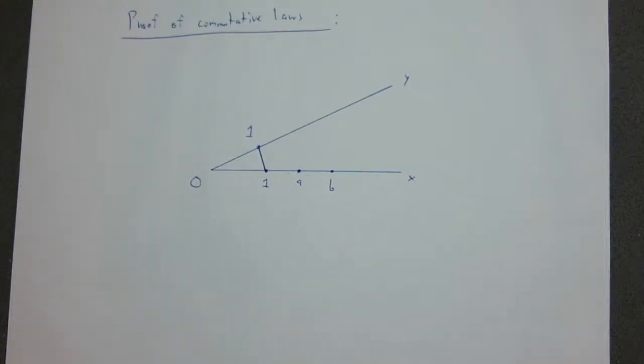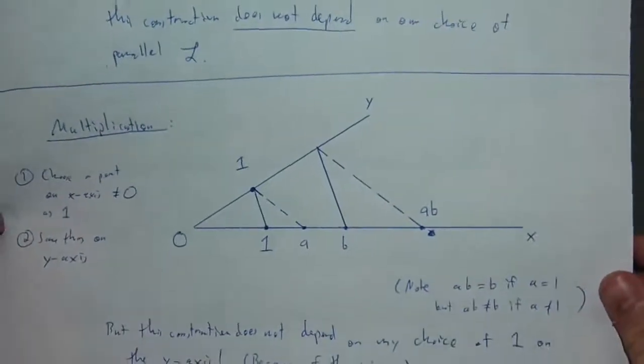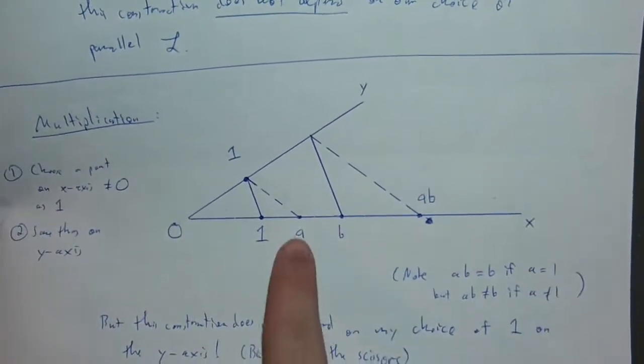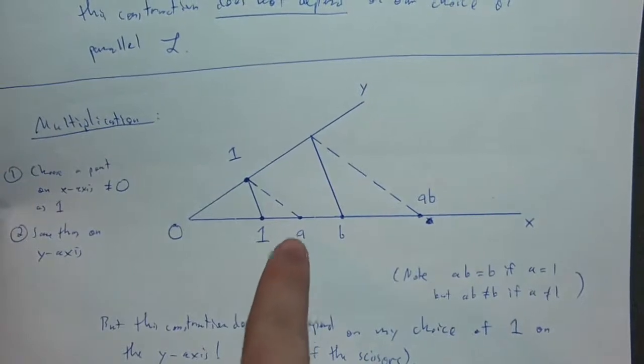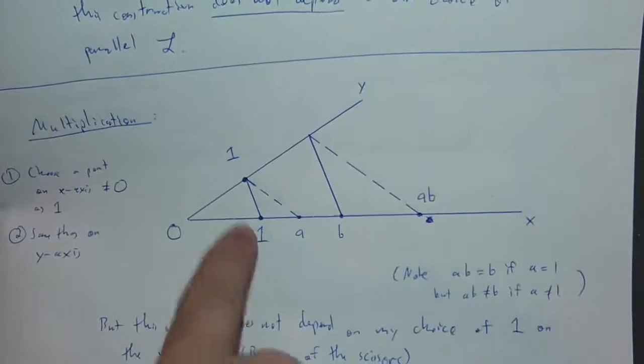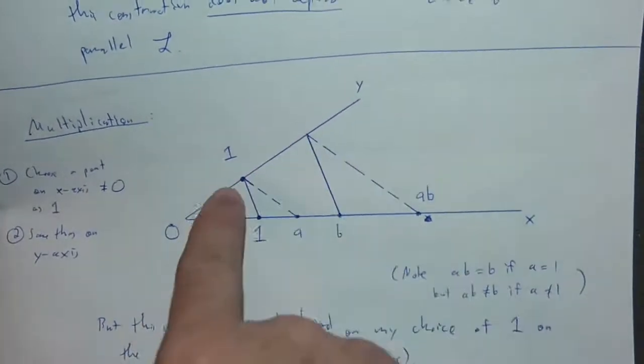Well, let's recall how A times B was constructed. I think I have that slide from last time. Here we go. Okay. So, how was A times B constructed? I have A and B here. I drew a dashed line from A to the 1 on the y-axis.